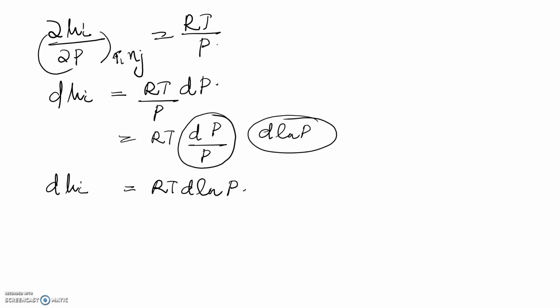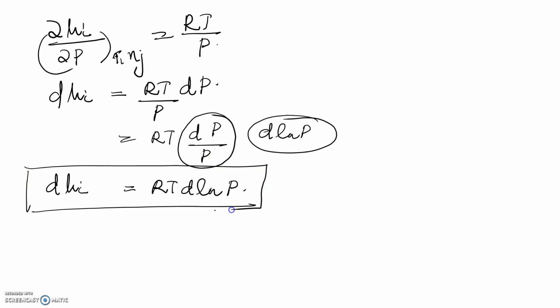Integrating this equation, we get integral d mu i is equal to R is a constant, T is a constant, integral d ln P. Since this integration is not between limits, we have to add the constant of integration.